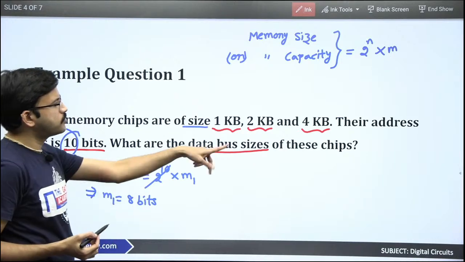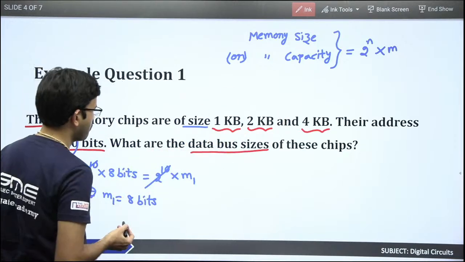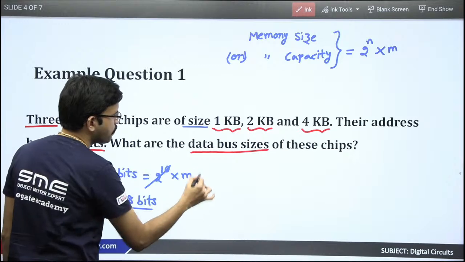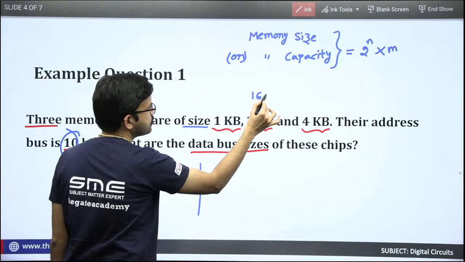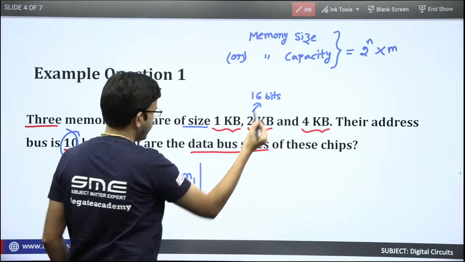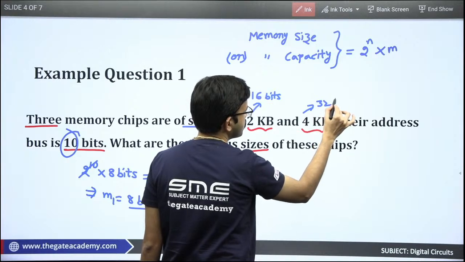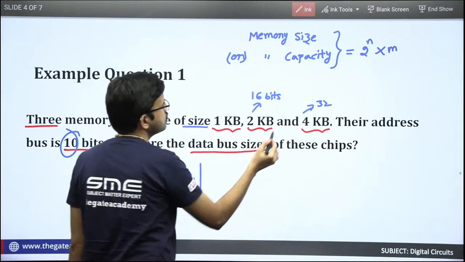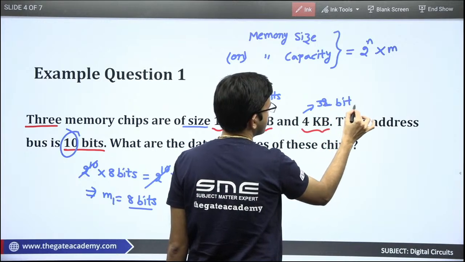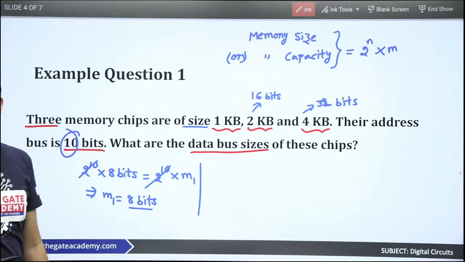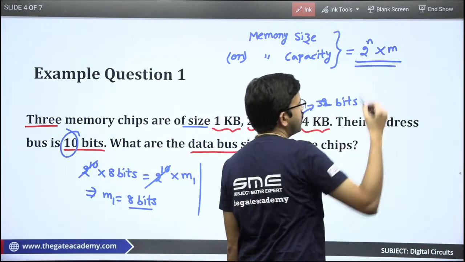Similarly, here it is 2 times and here 4 times, so just multiply accordingly. Here m1 is 8 bits. In the second case, 2 into 8 bits, that is 16 bits, and in the last case 4 into 8, that is 32 bits. This is the standard formula regarding memory capacity or memory size.